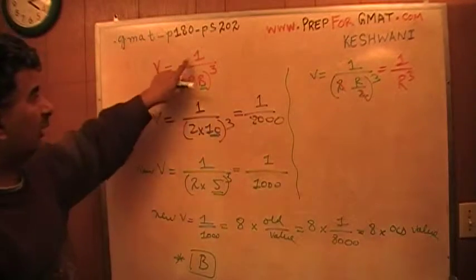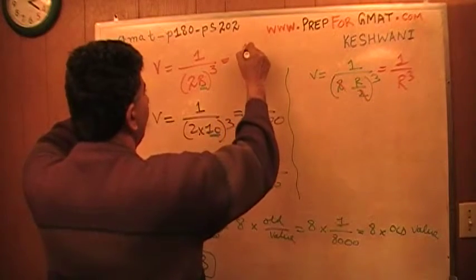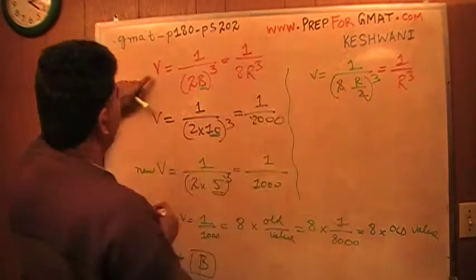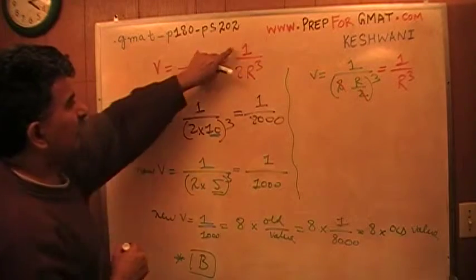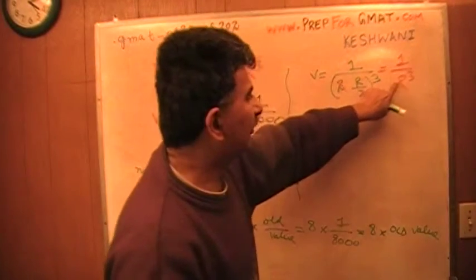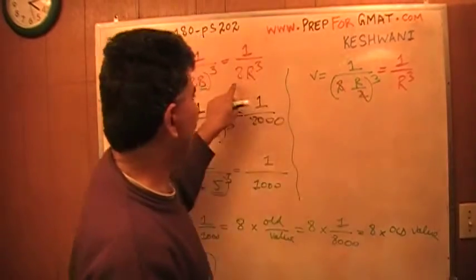Before we had 1 over 2r cubed, which is the same as 1 over 8r cubed, since 2 cubed is 8. So we went from v being equal to 1 over 8r cubed to v being equal to 1 over r cubed. This amount is not 1/8 of this amount, it is 8 times this amount.